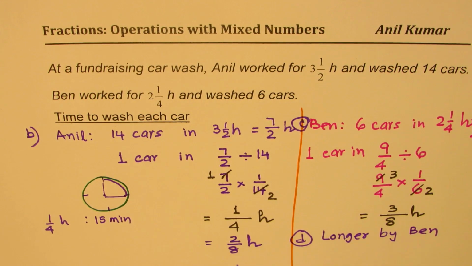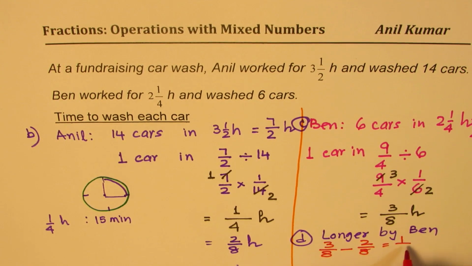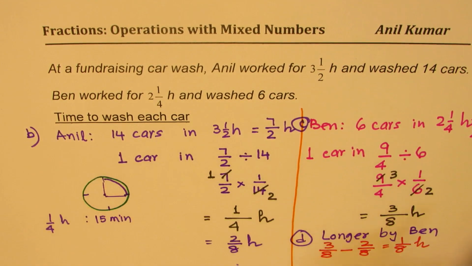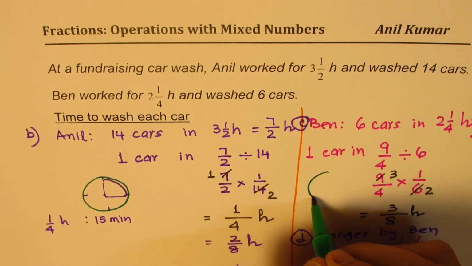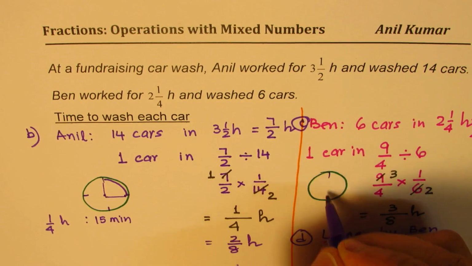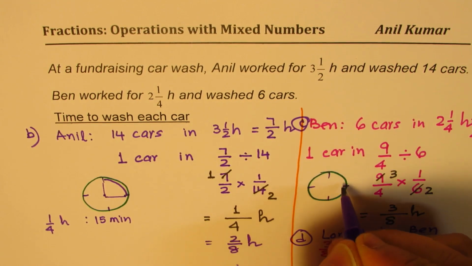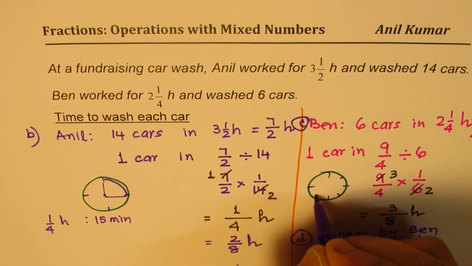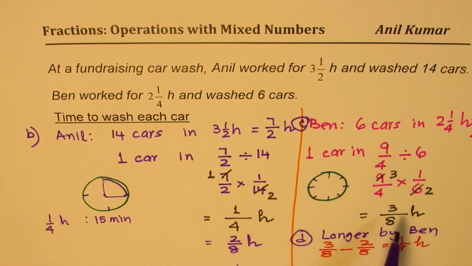How much longer? We'll do the difference of the two, correct? So we'll do 3/8, take away 2/8. So 1/8 of an hour. So that means this much longer. So basically, Ben is taking how much time? We are going to now divide this clock not in 4 portions but in 8 portions. Do you see that? 8 portions now.